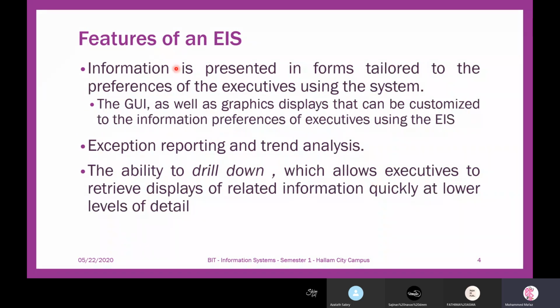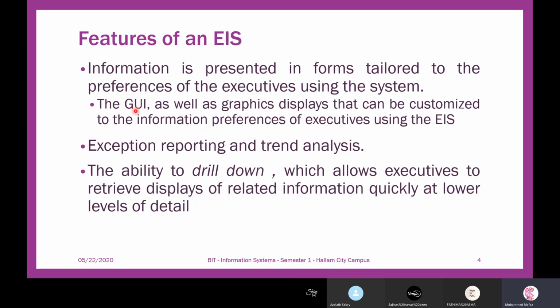So general features of an EIS: information is presented in forms tailored to the preferences of the executives using the system. So mostly it is customizable. That's what they're saying. Tailored means it is customizable to the people who are using it, especially the top management. So how does it support that?